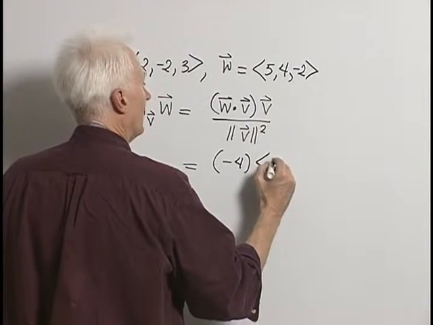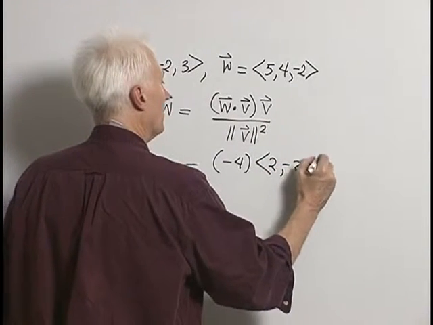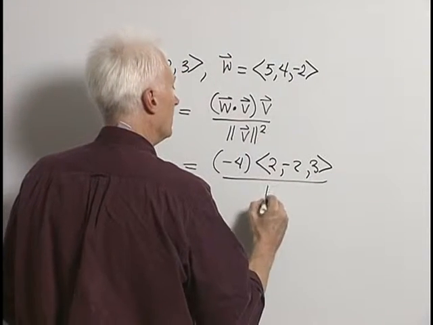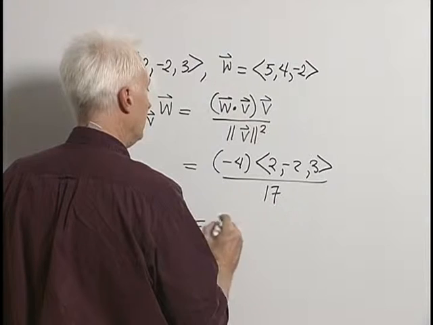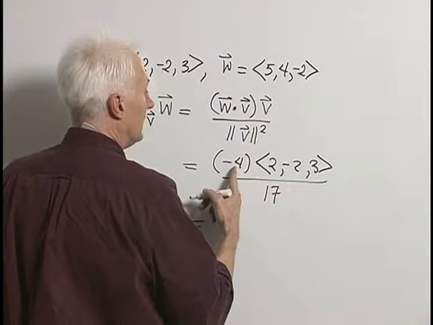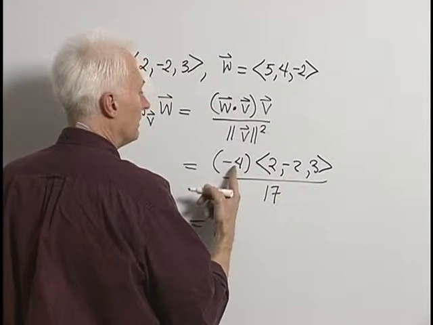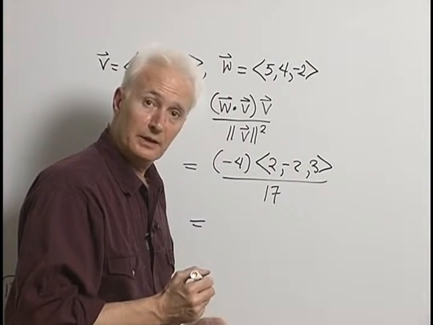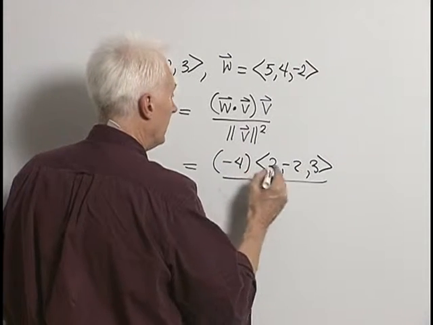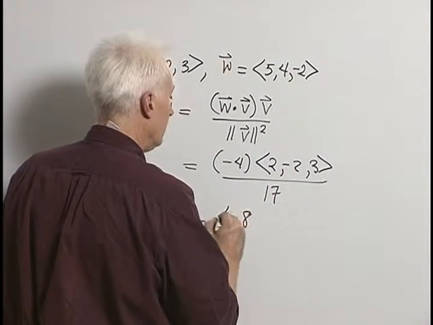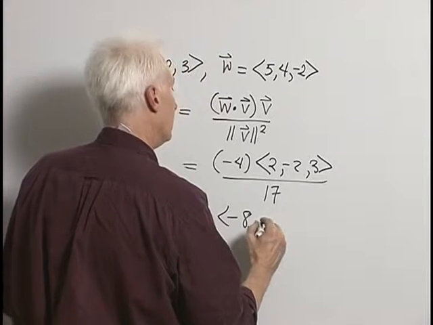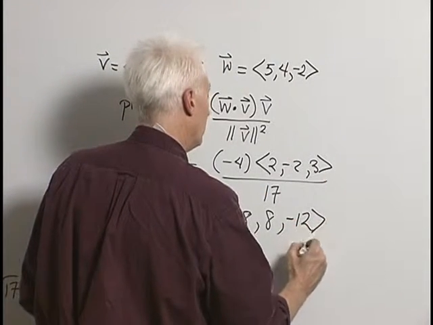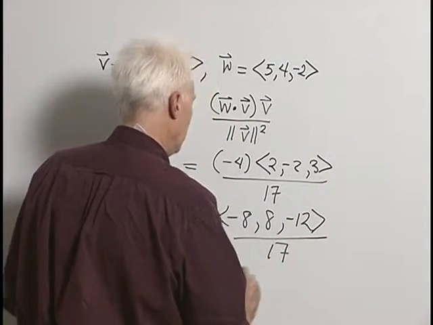And we put down v, which is 2, negative 2, 3, and divide by the length of v squared, which we calculated as 17. So to multiply negative 4 times this vector, remember, to multiply a vector by a scalar, just multiply each component by that scalar. So negative 4 times 2 is negative 8. Negative 4 times negative 2 is plus 8. Negative 4 times 3 is negative 12. That's all divided by 17.